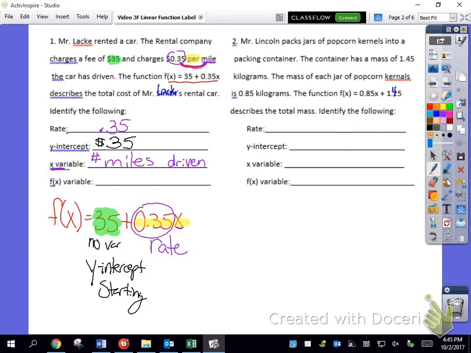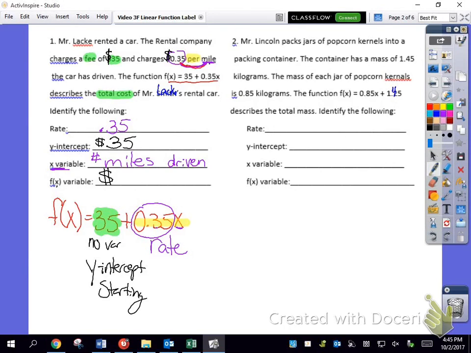Okay? Now, remember the f of x, use your clues. What's everything else about? The f of x, it's not the miles, I've already used the miles, but what is in front? See that dollar sign and that dollar sign? So I know that my f of x has to be about money. And the words up here about the money are it charges a fee, or the total cost.